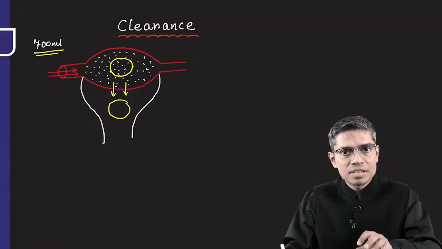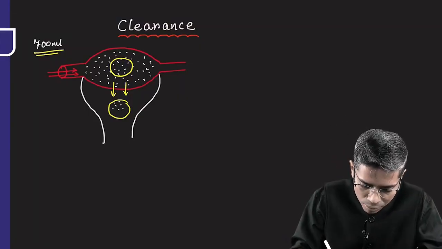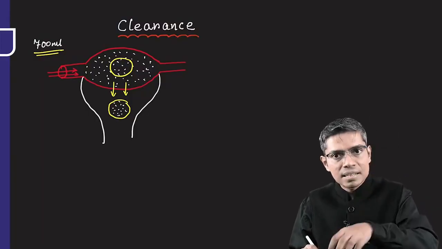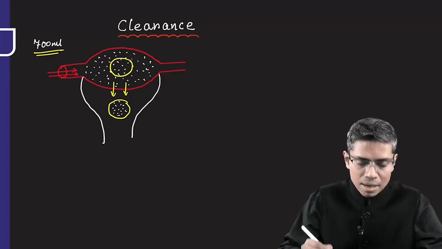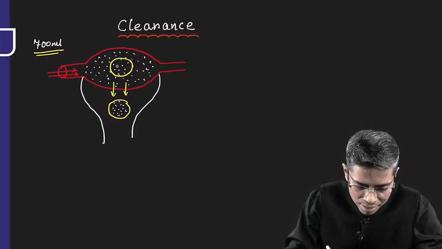Whenever filtration is occurring, creatinine will also filter along with this plasma because it's a freely filterable substance. So whenever creatinine is filtered at the level of Bowman's capsule, I can understand that the plasma which was inside this glomerular capillary is getting cleared of the creatinine.